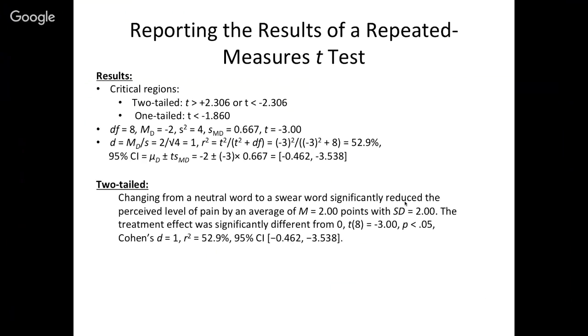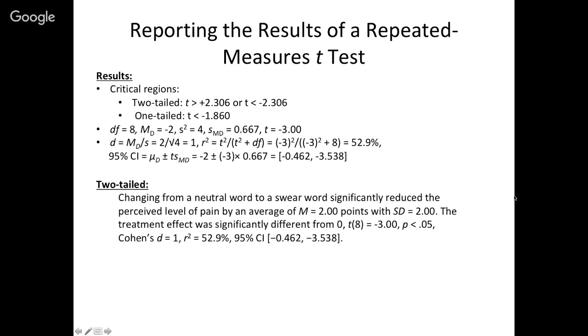Here is a sentence for the descriptive stats. We are going to describe whether or not the MD is above or below 0. If it's above 0, we say it significantly enhances or increases something. If it's below 0, it's a negative number, and we say it reduced or decreased something.